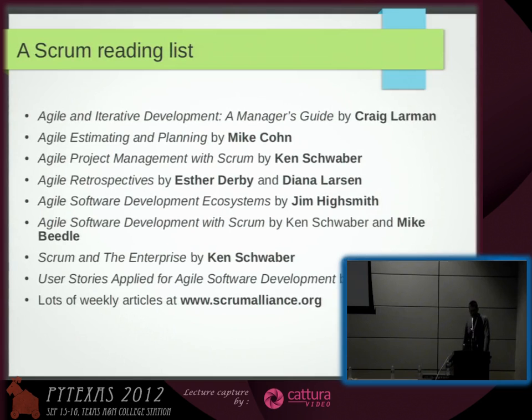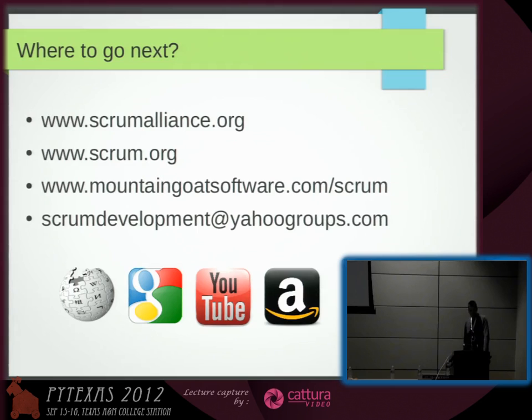There is a reading list. Again, I recommend Mike Cohn if you haven't read anything. A very good website is scrumalliance.org, which has a lot of reading material that you can download. There are other websites; one good one is Mountain Goat Software. There is a Yahoo group and the usual suspects, Wikipedia, Google.